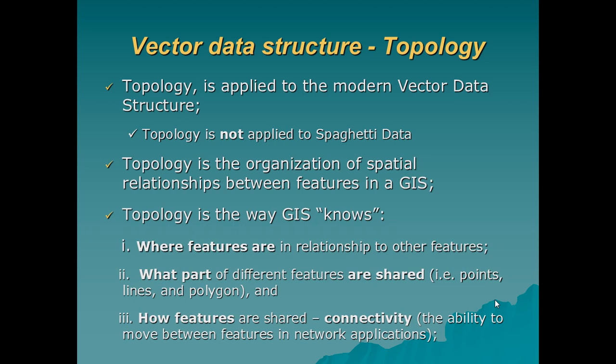It can tell us how the features are shared. For example, is it shared through connectivity? Connectivity would be associated with line features. For example, when we represent network features in the form of lines, such as stream networks, river networks, pipeline features, electrical lines, etc.